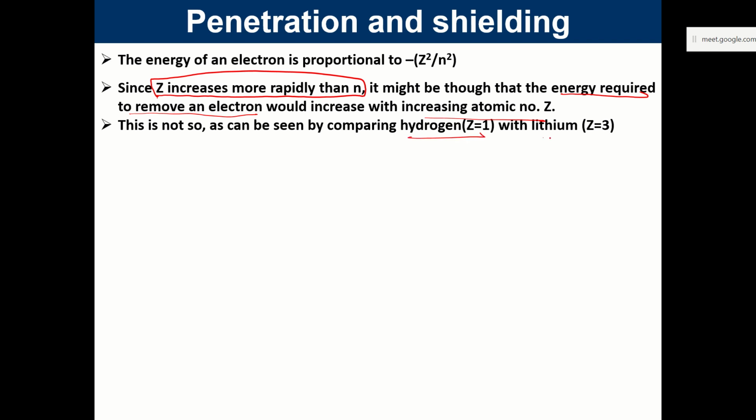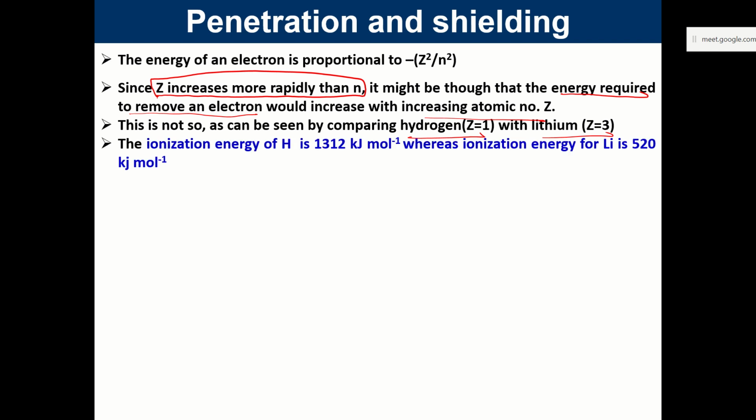So compare Z equal to 1 with Z equal to 3, hydrogen versus lithium. What do you find? We have been expecting that in lithium there are 3 protons, so the outermost electron under the influence of 3 protons should be strongly pulled inwards and you will require higher energy to take it out.